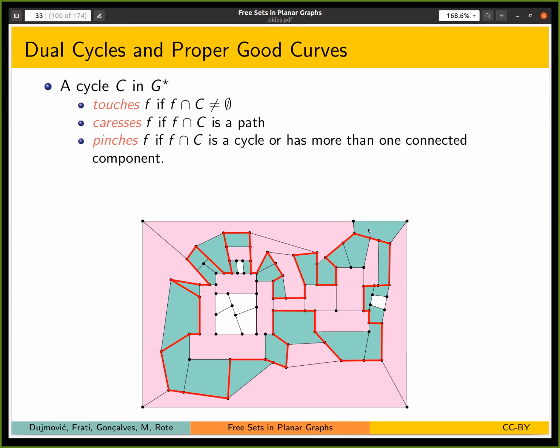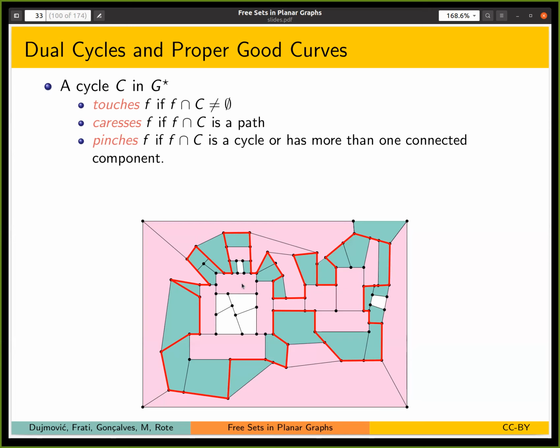So here's a picture of a three regular planar graph. The red thing is a cycle. There are white faces which are not even touched by this curve. We forget about those. There are pink faces that are touched, but they're actually pinched by the curve.